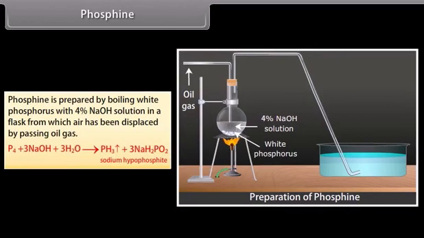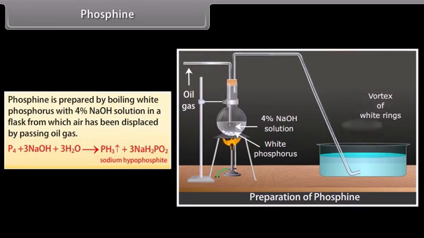Phosphine. Phosphine is prepared by boiling white phosphorus with 4% NaOH solution in a flask from which air has been displaced by passing coal gas. Coal gas is continuously bubbled through the flask in order to displace air. PH3 contains considerable amounts of H2 and a little P2H4 and is inflammable in air.